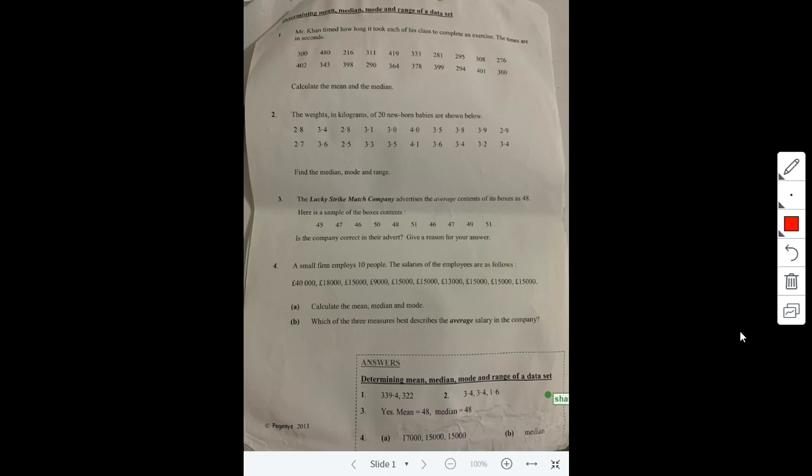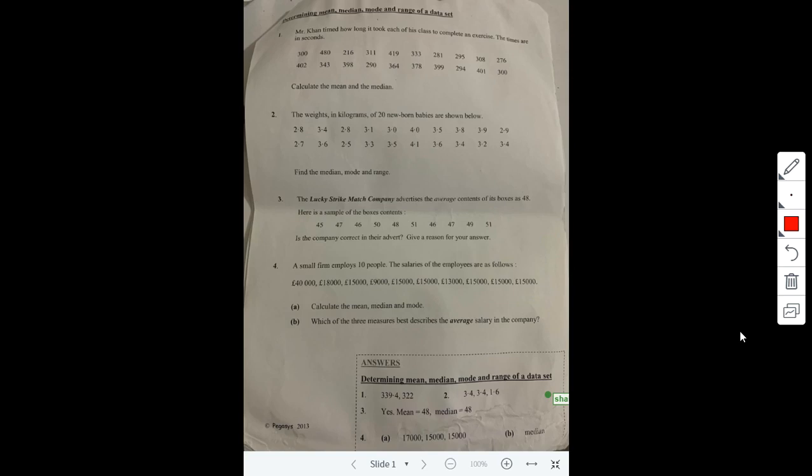Okay, for mode, let me see the values given. 46 is repeating itself two times, 47 is repeating itself two times, 51 is also repeating itself two times, and 46 is also repeating. So there are four modes in this case: 51, 48, 46, and 47.